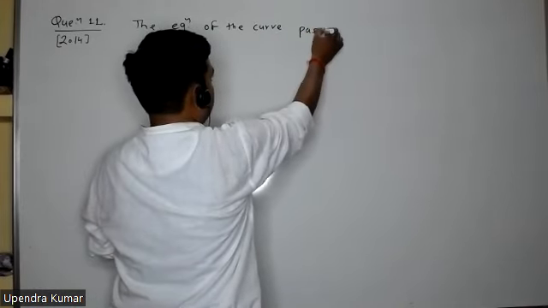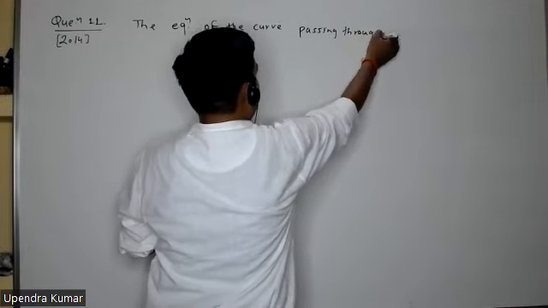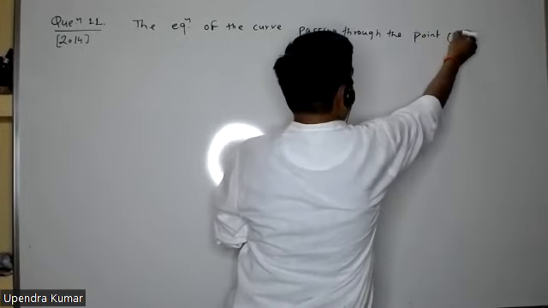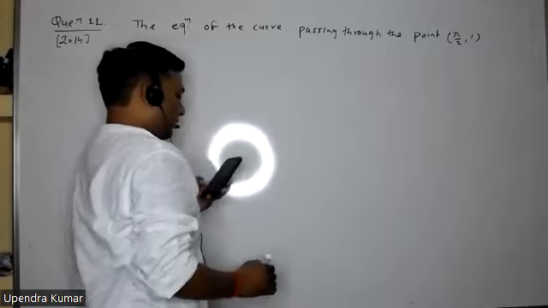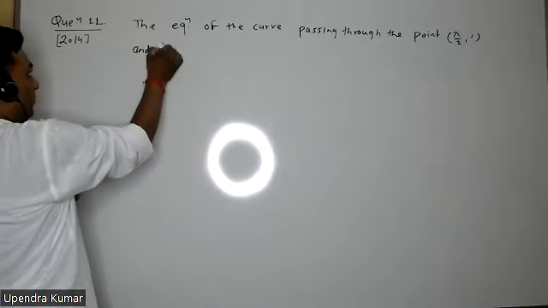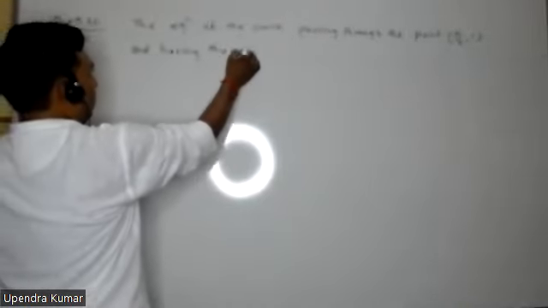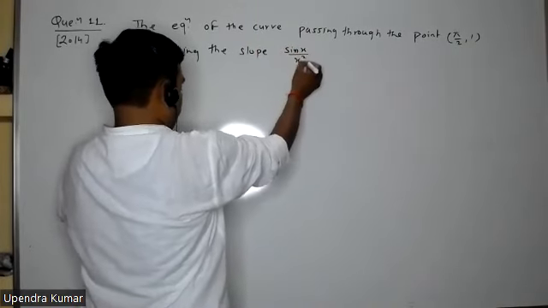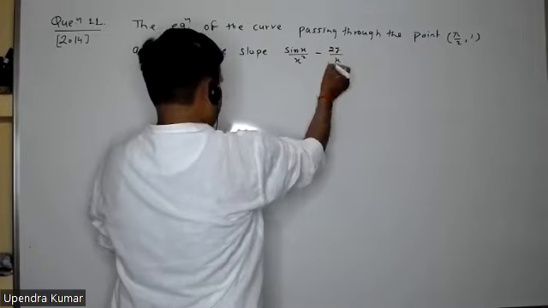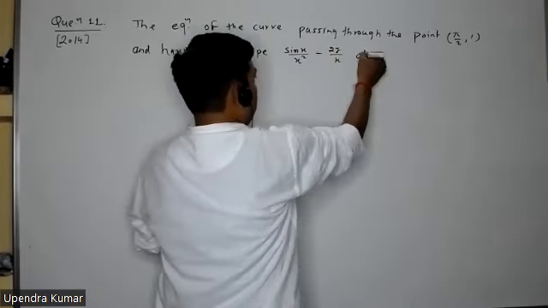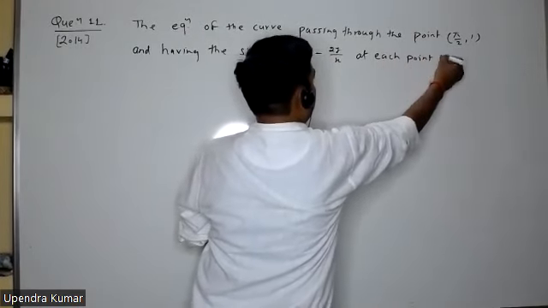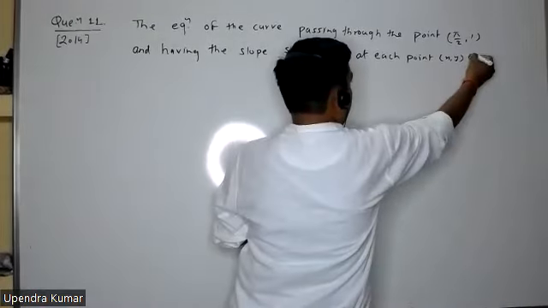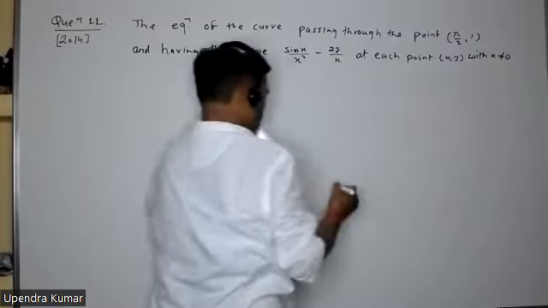The equation of the curve passing through the point pi by 2 comma 1 and having the slope sin x by x square minus 2 by x at each point x comma y, with x non-zero.